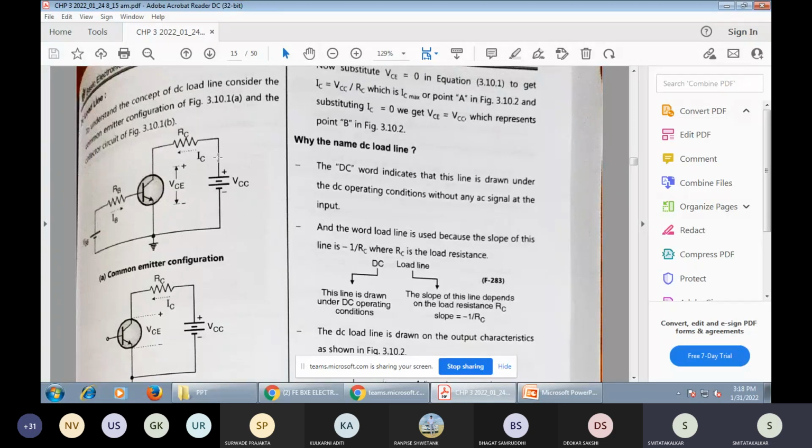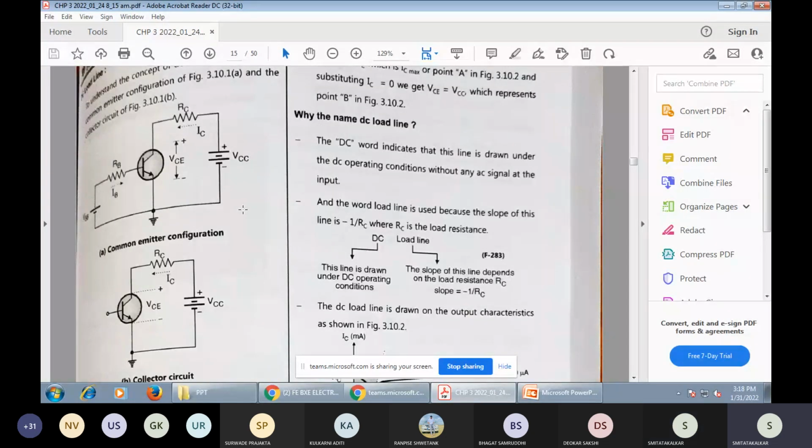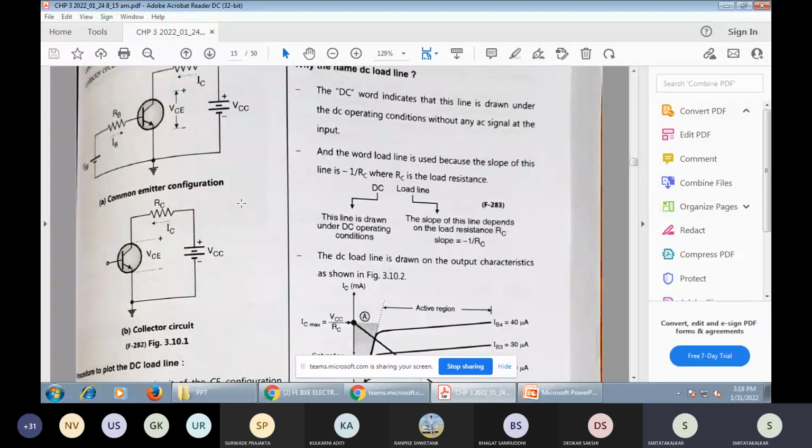VCE is the output voltage, and IC is the output current. And here VCC is an additional supply. You can connect the supply here to get maximum amplification of the signal, so that maximum amplification is possible in the CE amplifier.